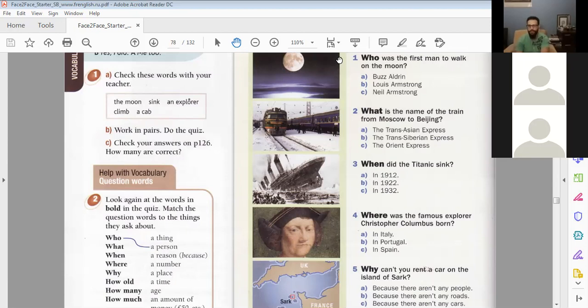Number 1. Who was the first man to walk on the moon? Buzz Aldrin, Neil Armstrong.